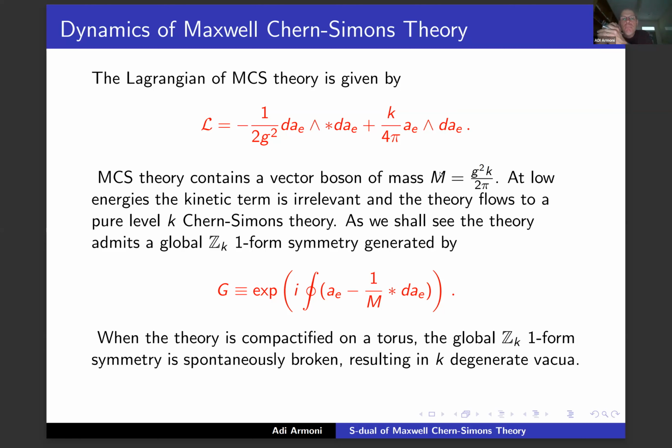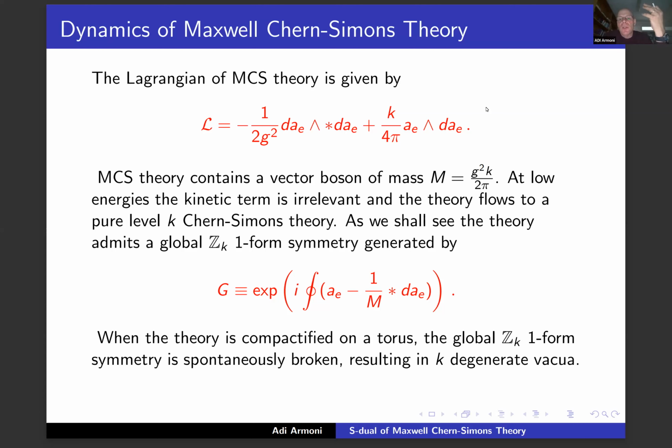Now, what is the dynamics of the theory? It's easy to see. It's a free theory, essentially. It's just a theory of a vector boson of mass g squared k over 2 pi. At low energies, much below the mass of g squared k over 2 pi of this vector boson, we almost have nothing.